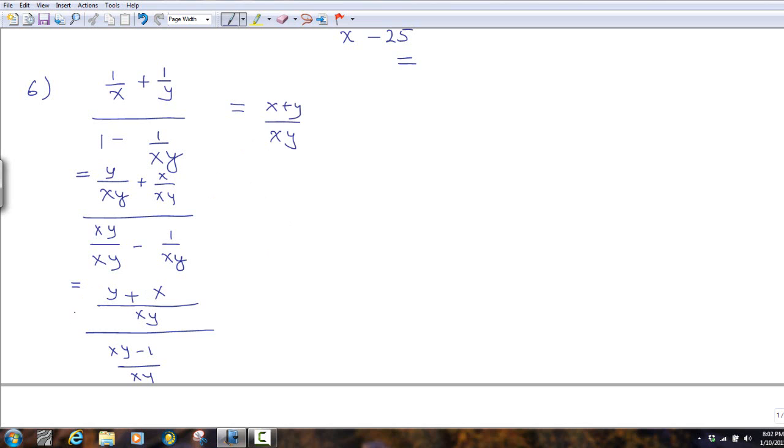When you change this division into multiplication, you need to flip the denominator, so here xy goes up, so xy divided by xy minus 1. So now we can cancel xy and xy from numerator and denominator, so this becomes x plus y divided by xy minus 1, and this is the simplification of this expression.